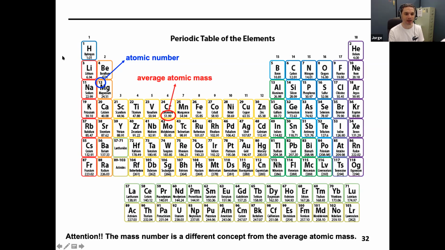The number of the period, or the rows of the periodic table, is the number of electron shells. Remember, the trick to determine the number of valence electrons for elements from group 13 to 18 is to subtract 10. For all the other cases, you don't need to do that.